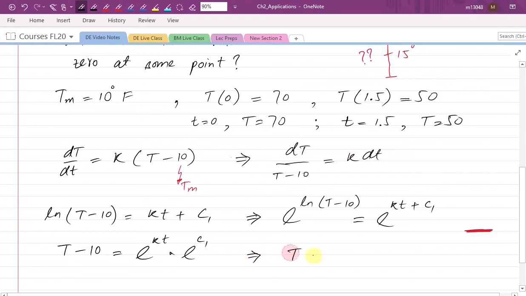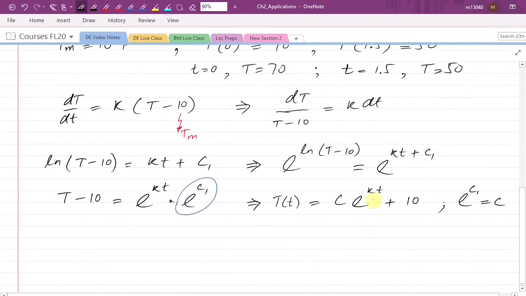Now I can write T equals c e power kt plus 10, where 10 is coming from the other side. This e power c1 is a constant because c1 is a constant, so I can rename it: e power c1 equals c.